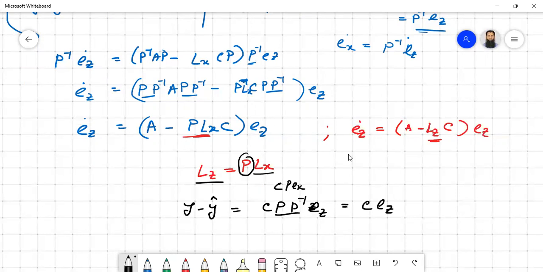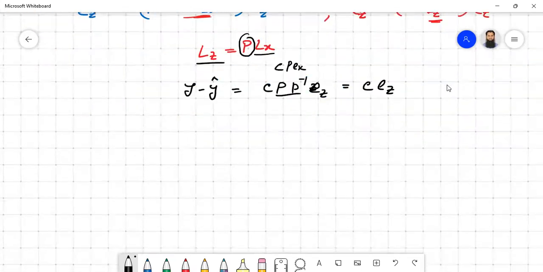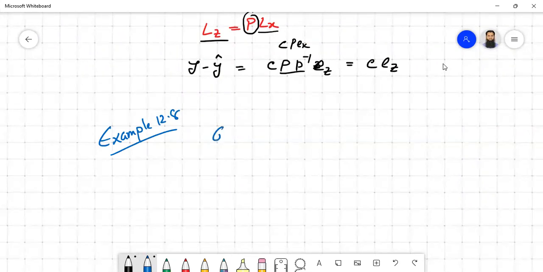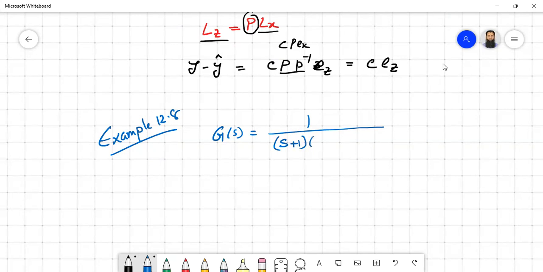Now with the method that we have explained here, we have to explore example 12.8. A system is given with G of S equal to 1 by S plus 1, S plus 2, and S plus 5, and this is represented, as they have said, in cascade form.